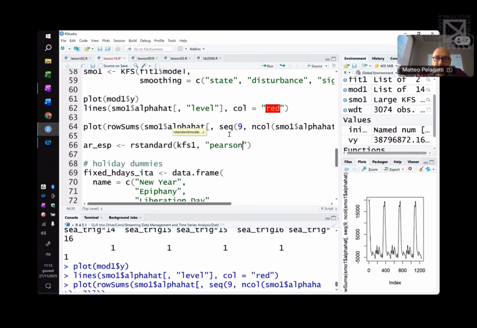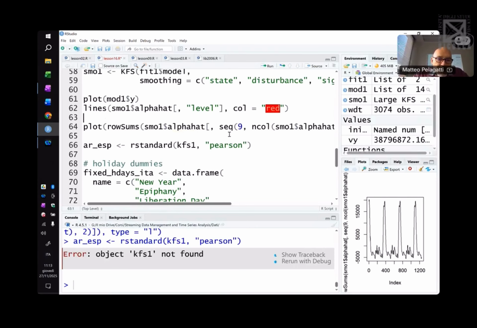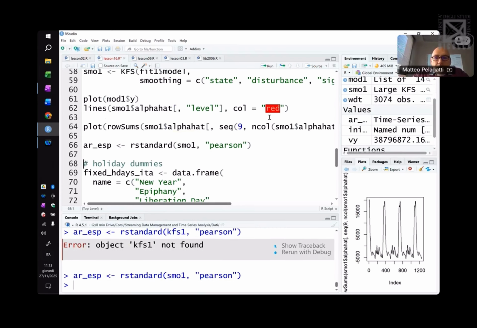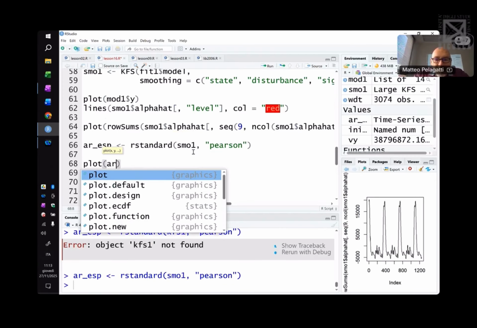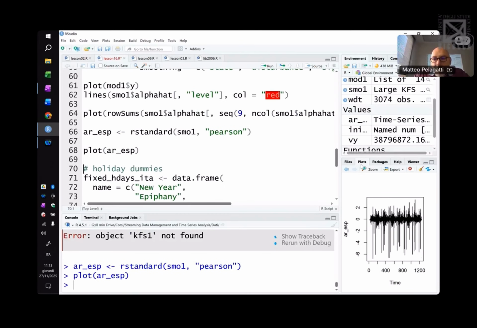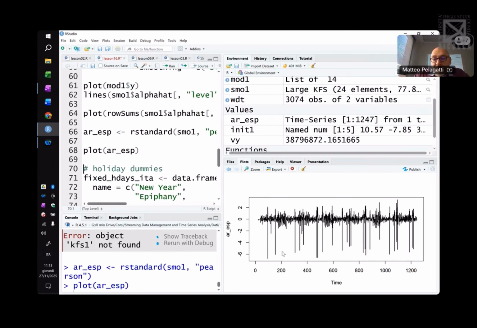Strange name. No, smooth. Sorry, I called it smooth one. So let's just plot those residuals. And as you see, there are many moments which have very extreme negative values.